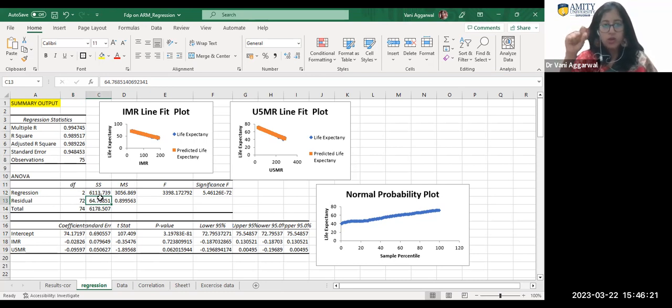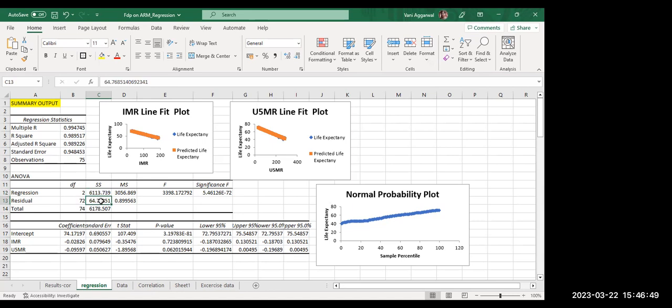So the smaller the residual sum of square compared to the total SS, the better. Here your total sum of square is 6178 and your residual sum of square is 64. So it means your model is better and has a better fit to your data. The residual sum of square should always be less than the total SS.